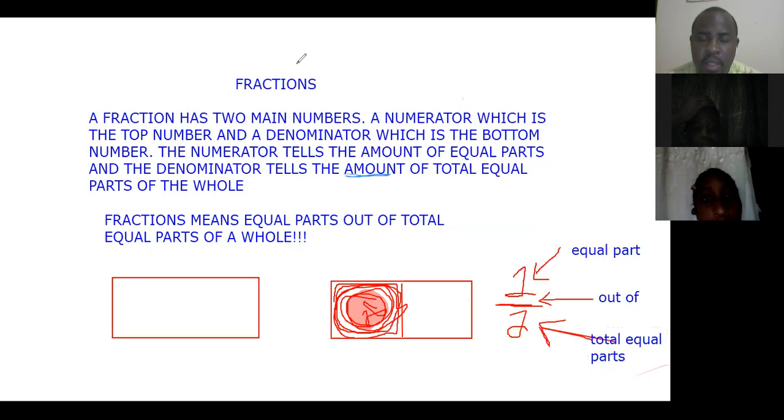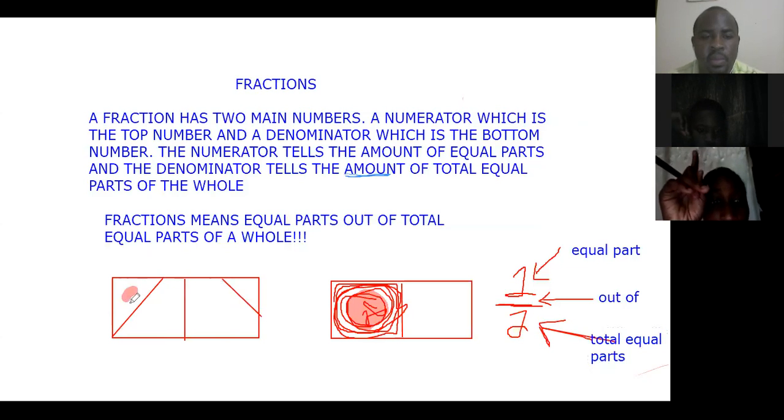Okay, let's look at this one. Now, if I do this, what do I have here? Can I represent this as a fraction? What fraction is shaded right here? 1/4, sir. 1/4?